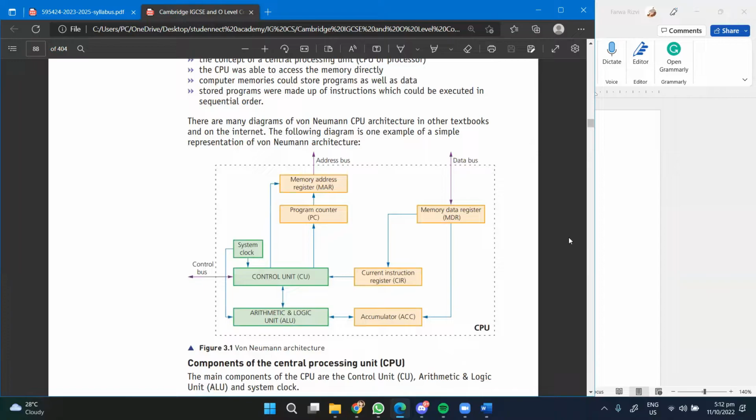Similarly, when a computer does some kind of process, for example, if I wanted to open an application, it has a system clock timing how long it takes to perform a certain task. And without the system clock, we would never be able to understand how much time it's taking. And if we don't know how much time it's taking, it'd be harder to reduce the time taken and so on.